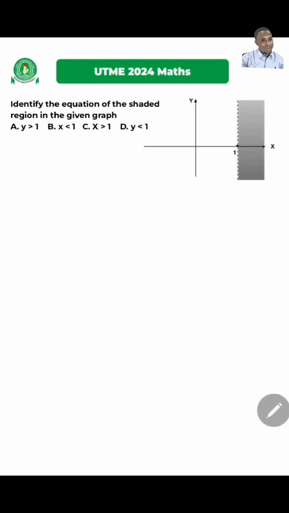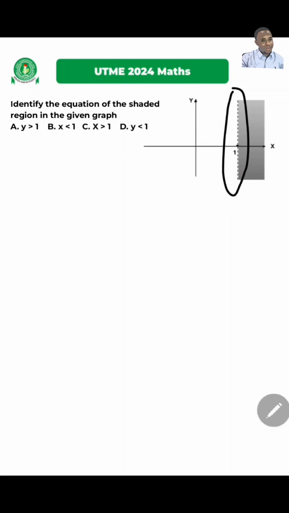Question 10. Identify the equation of the shaded region in the given graph. The first thing you want to take note of is that the line that defines the equation is a perfectly vertical line, which means the equation is going to be related to x.